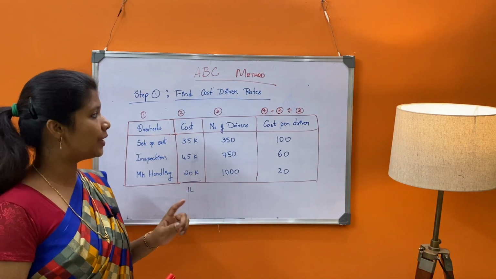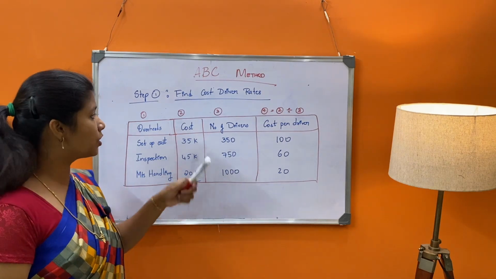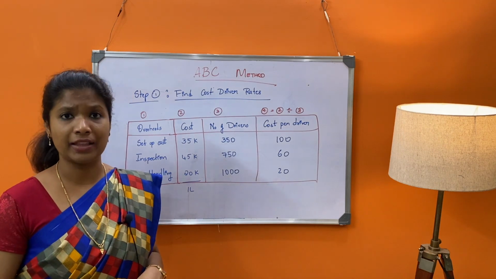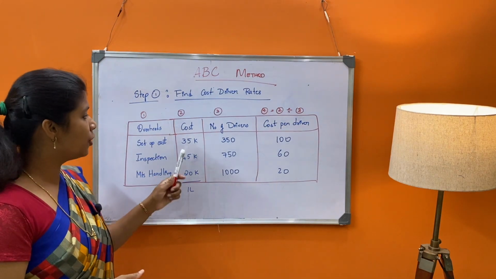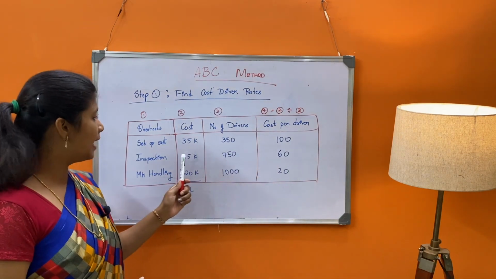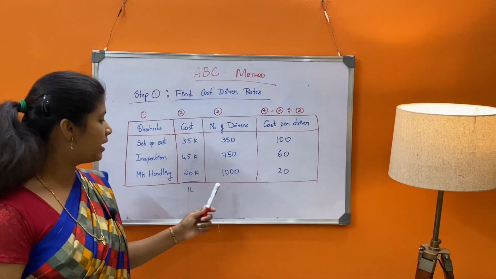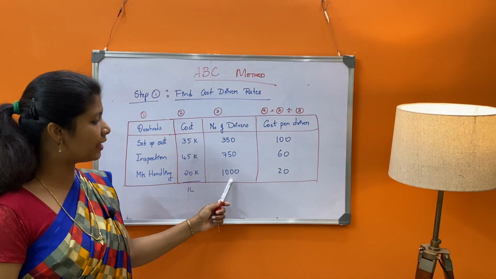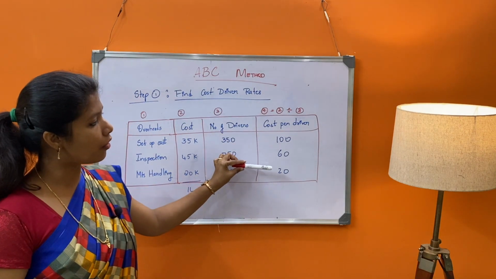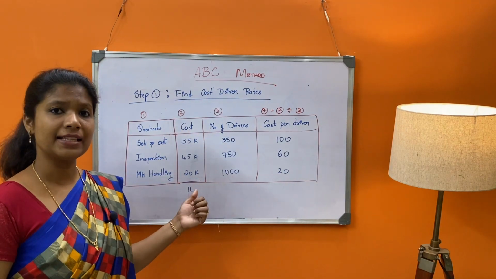So cost divided by the number of drivers, or the frequency of that particular activity. 35,000 divided by 350 is 100 rupees. 45,000 divided by 750 is 60 rupees, and 20,000 divided by 1000 is 20 rupees. So these are the individual cost drivers according to the ABC method. This completes our first step.